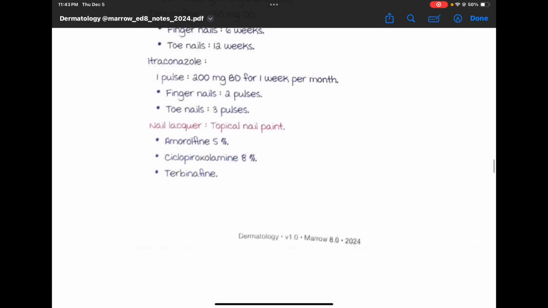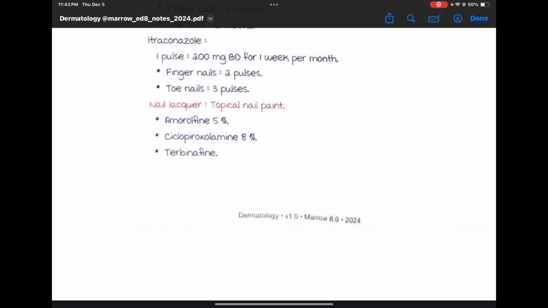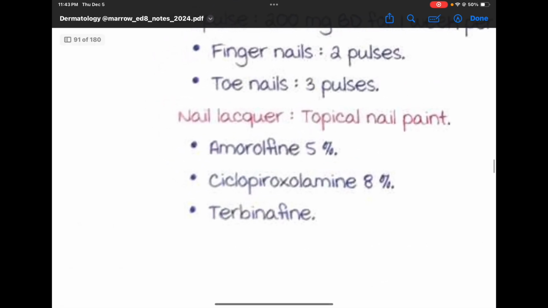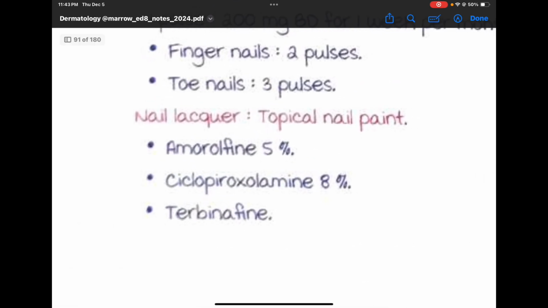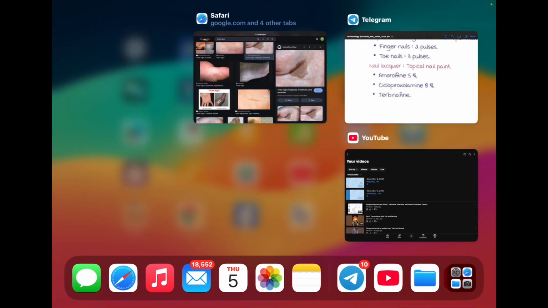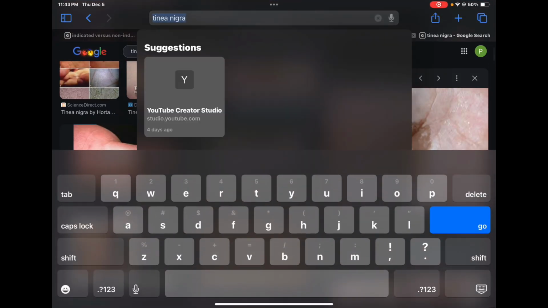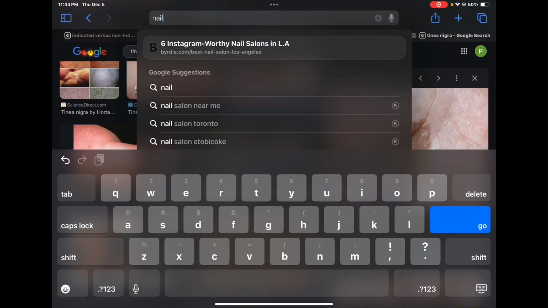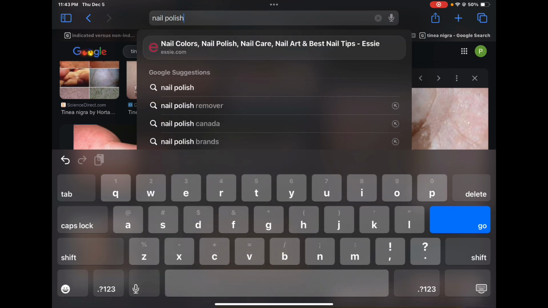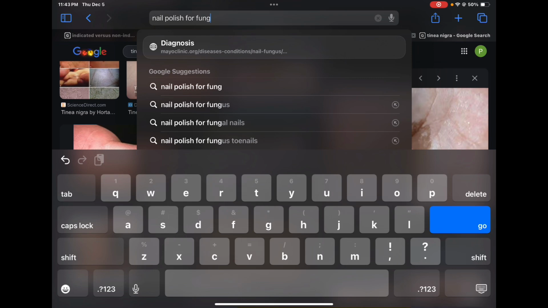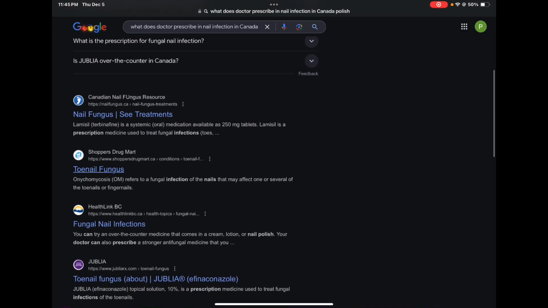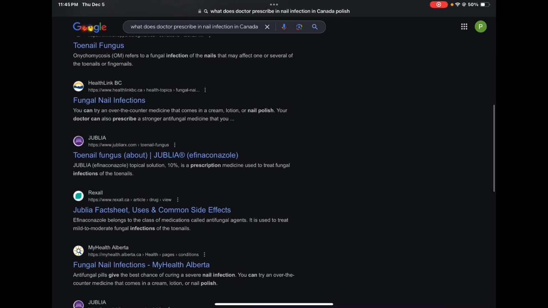Nail lacquer, topical nail paint. This is very commonly used in Canada. Let's see what drugs are there: amorolfine 5%, ciclopirox olamine 8%, and terbinafine. The brand name for this is Jublia, let's read about it.